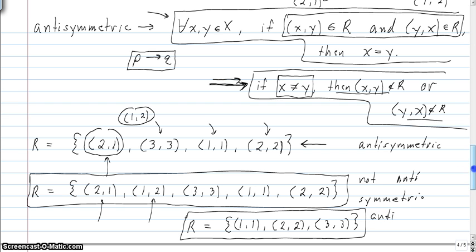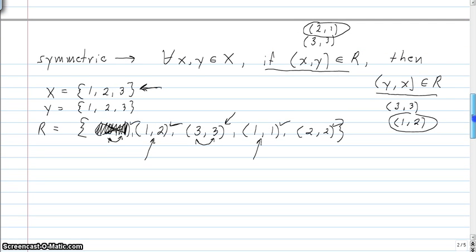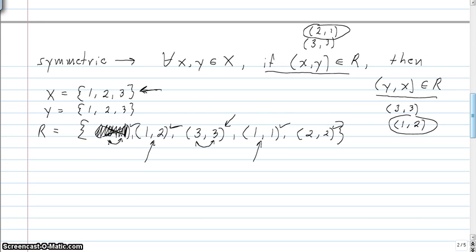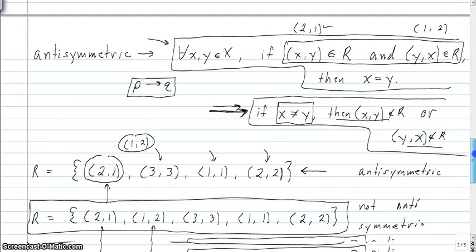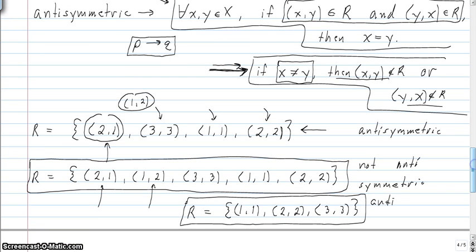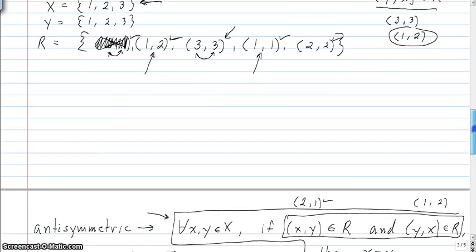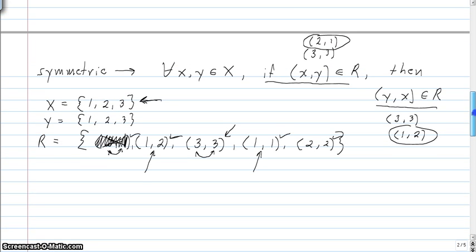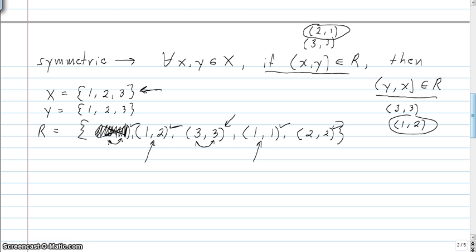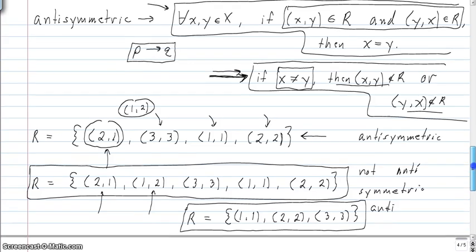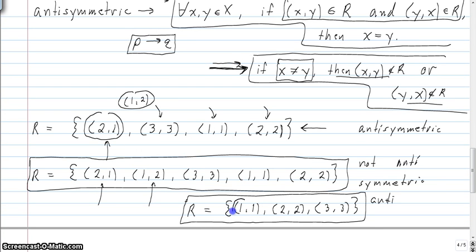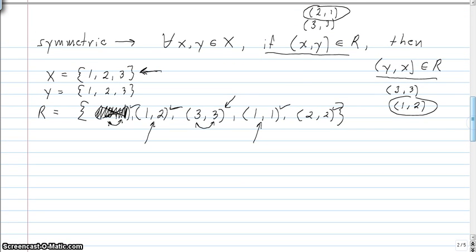But if I go back to the definition of symmetric, it is also symmetric, because say I take this element and I try to fit to the definition of symmetric.